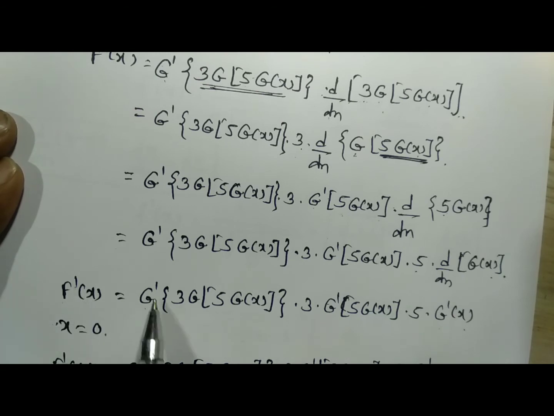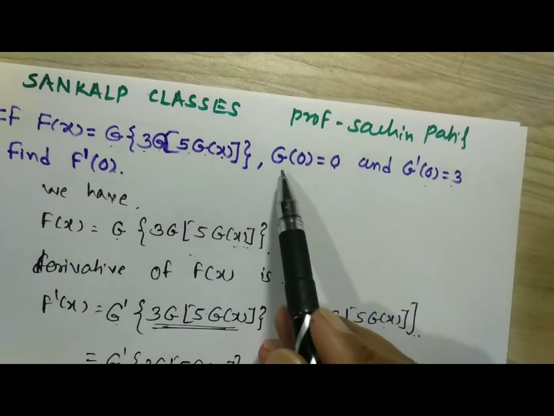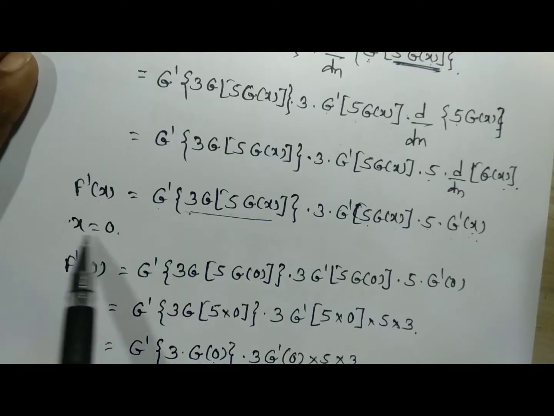So f'(x) is equal to g' of the complete expression, 3g(5g(x)), times 3 times g' of the other expression, 5g(x), times 5 times g'(x). By putting in the values, g(0) is equal to 0 inside the derivative, that means x = 0 is put inside f'(x), and you get f'(0).